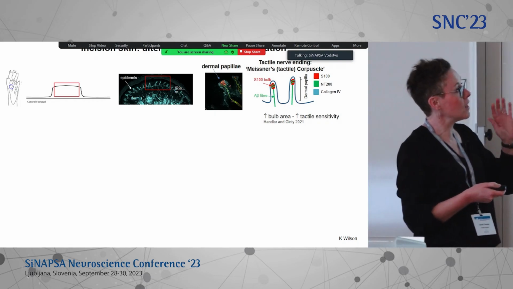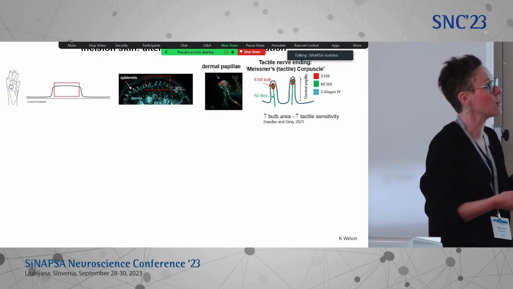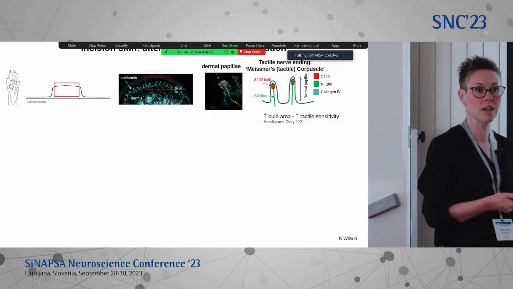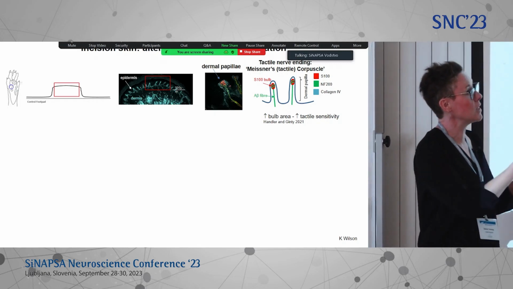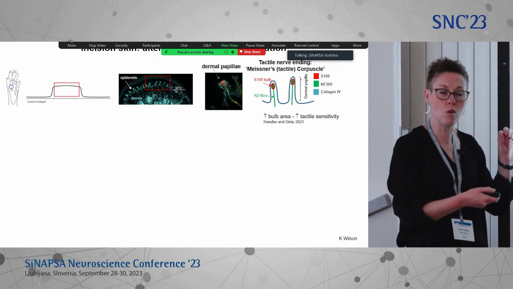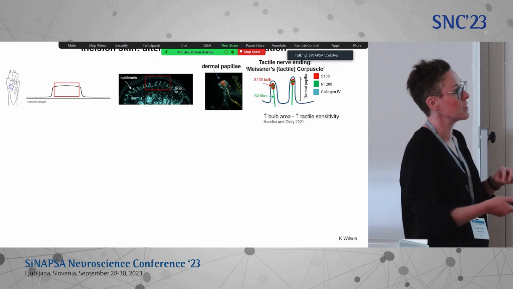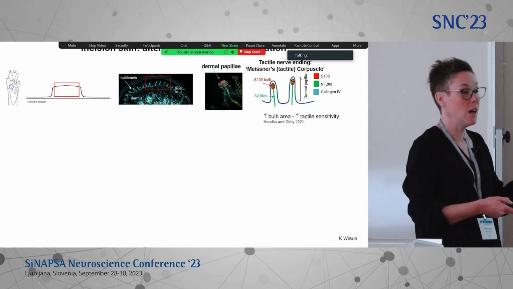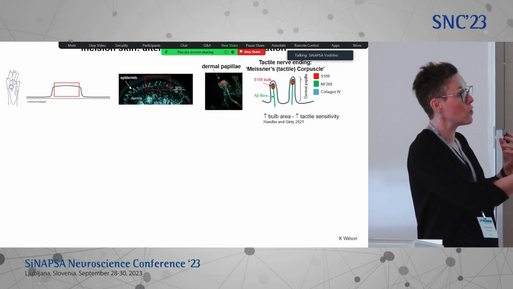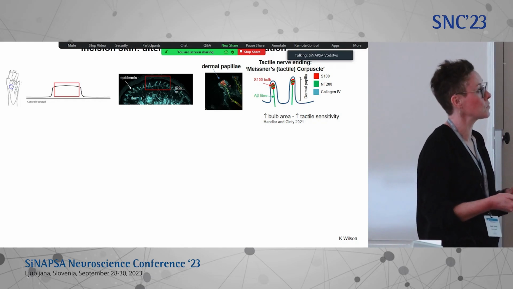They house specialized tactile nerve endings called Meissner's or tactile corpuscles. These beautiful structures contain an S100 bulb of lamellar Schwann cells, and an innervating A beta fiber. And the bigger the bulb, the more the Schwann cells, the greater the tactile sensitivity.